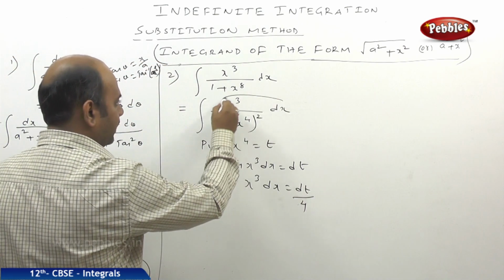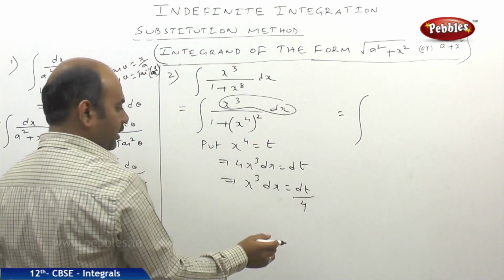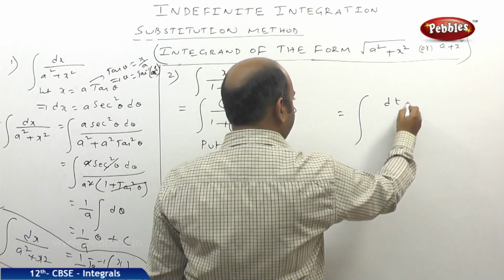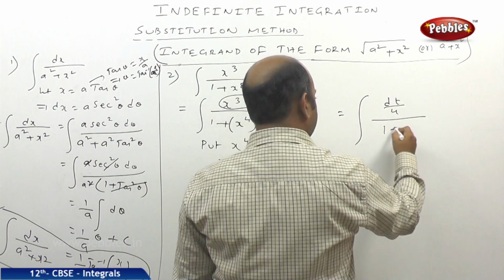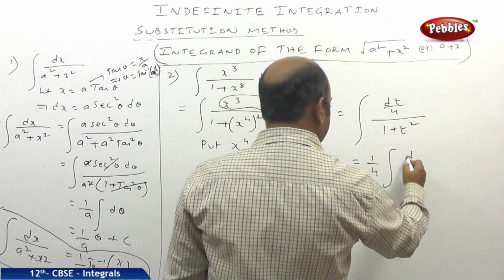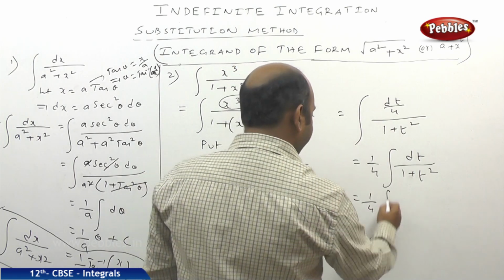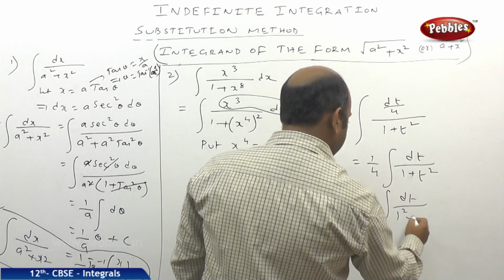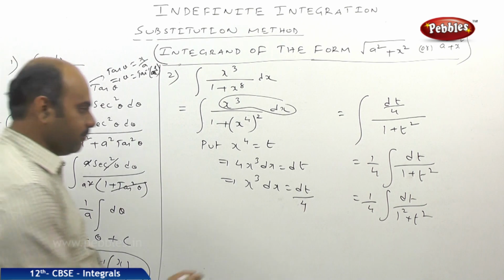So the numerator turns into dt by 4, and our denominator becomes 1 plus t square. If you observe carefully, 1 by 4 and dt by 1 plus t square, and this can be written as 1 by 4 dt by 1 square plus t square, and it is taking the shape of this particular problem, dx by a square plus x square, that is nothing but 1 by a tan inverse x by a plus c.